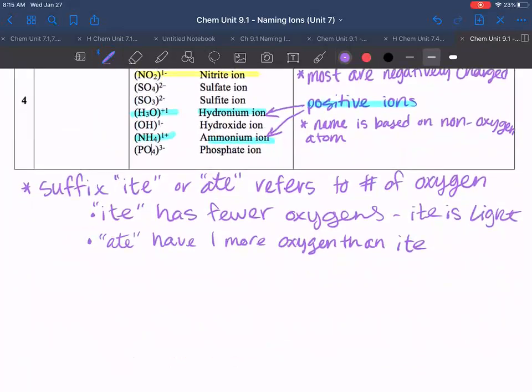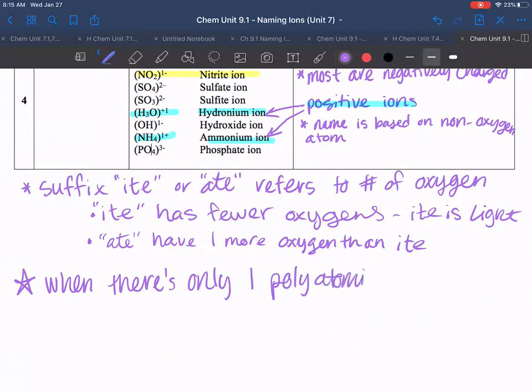So one thing that I do want to make a note of is, again, when we start writing out ionic compounds, when there's only one polyatomic ion in a chemical formula, there will not be parentheses.